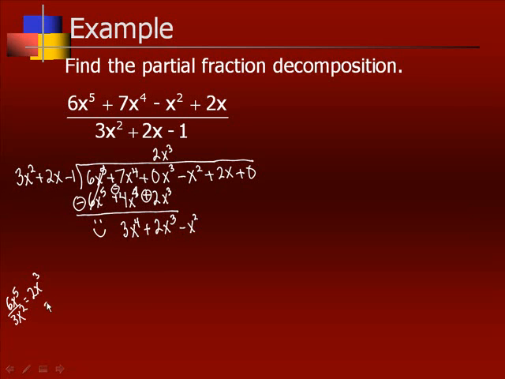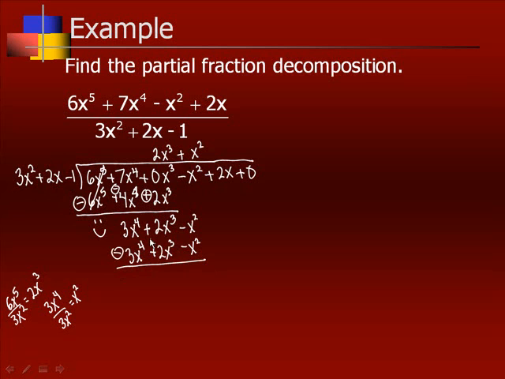Divide first terms again. 3x to the 4th divided by 3x squared, which is x squared. So we're going to bring up an x squared. Now we're going to multiply. X squared times negative 1 is negative x squared. X squared times 2x would be plus 2x to the 3rd. X squared times 3x squared would be 3x to the 4th.